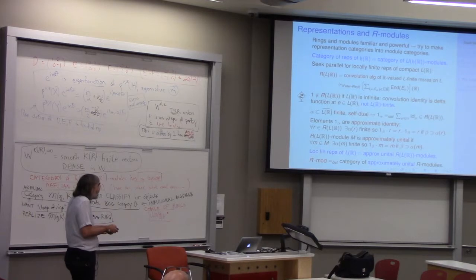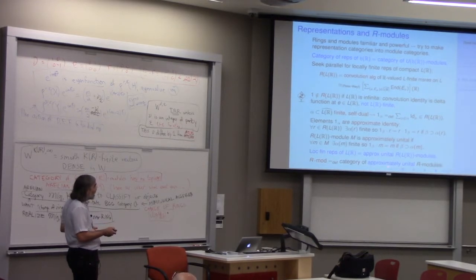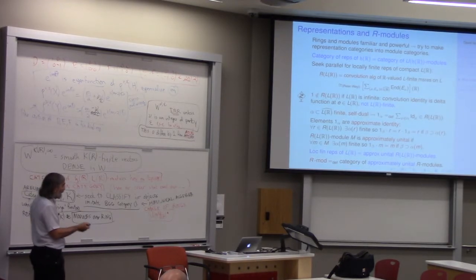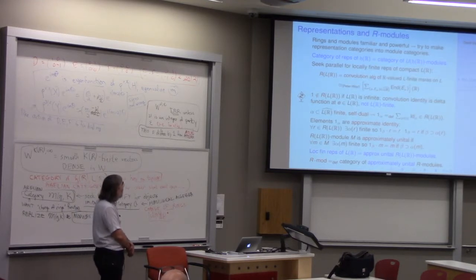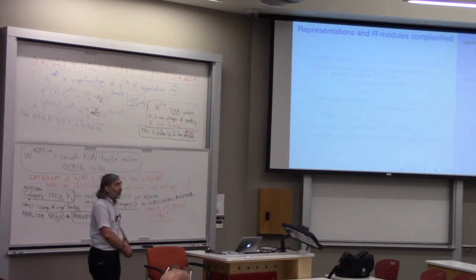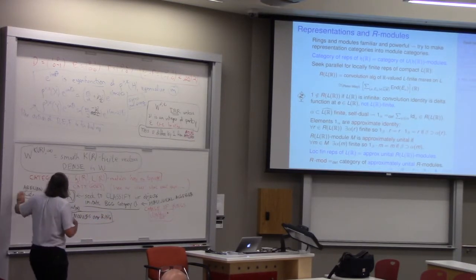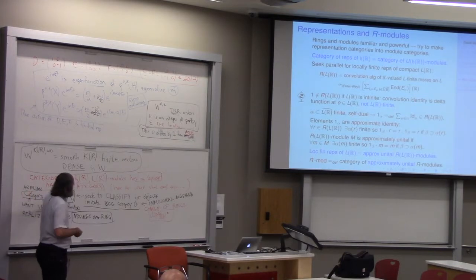So in other words, I write R mod for this category of approximately unital modules, and I've realized these locally finite representations as a module category for a ring. I want to do change of rings and things in these categories, and so I need a ring.